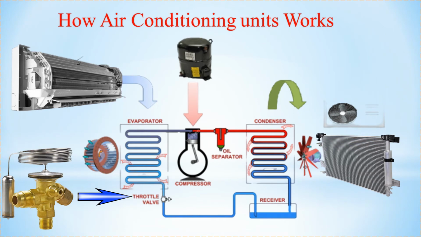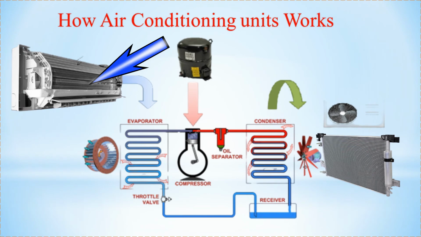Throttling means that in this process the enthalpy remains constant, and enthalpy is the sum of U plus PV, internal energy plus the product of pressure and volume. So during the throttling process, the pressure of the refrigerant decreases, and the temperature of the refrigerant also decreases. After that, the refrigerant will pass through the evaporator coil found in the indoor half of the air conditioning system.